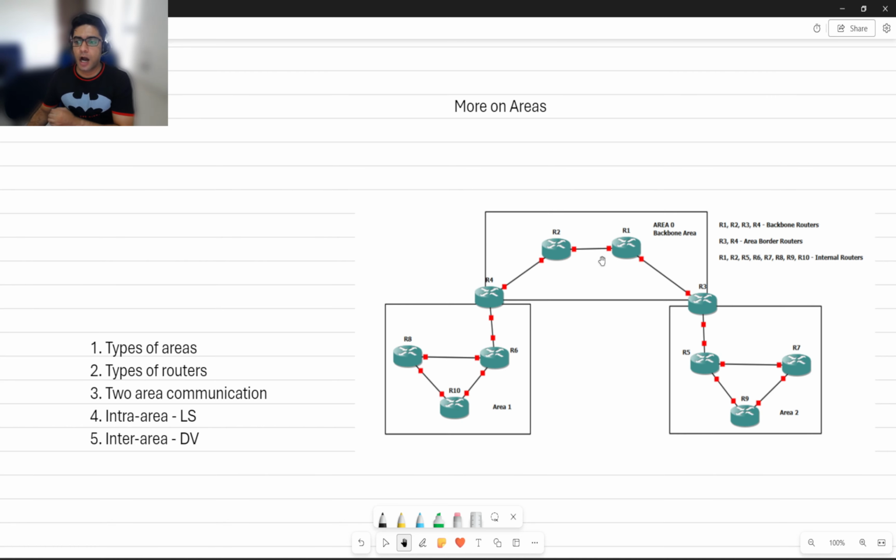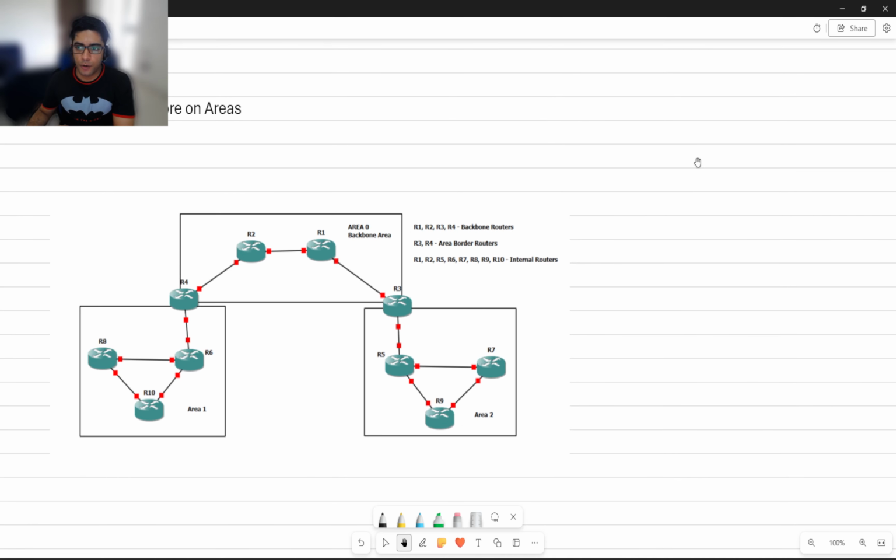We also saw how two routers in different areas calculate their cost to reach each other. We also saw how OSPF behaves as a link state protocol inside a single area, and how OSPF behaves as a distance vector in inter-area communication.